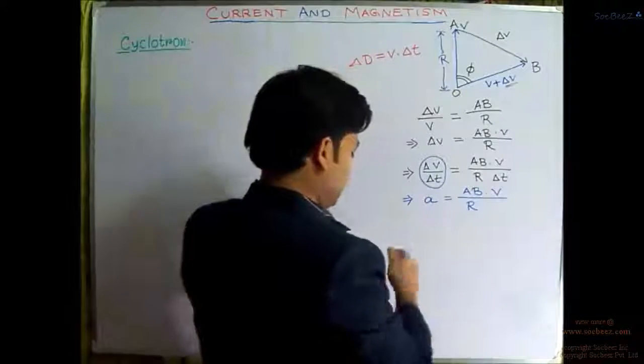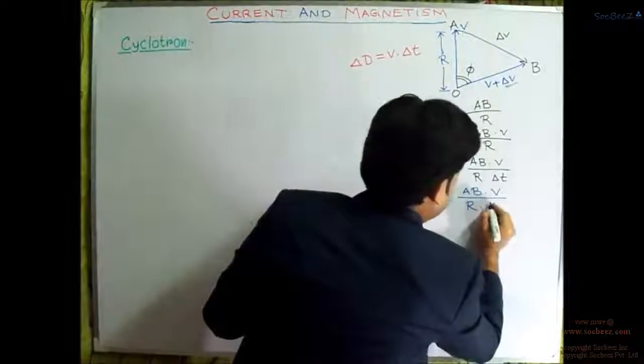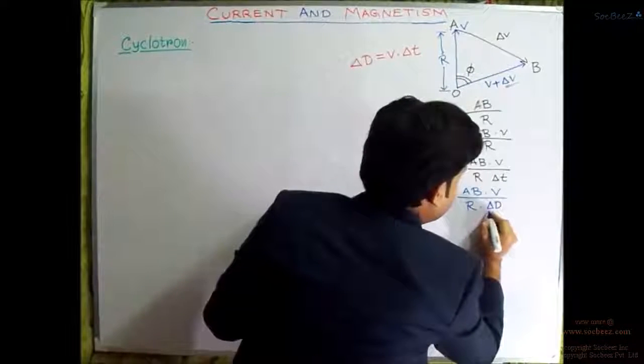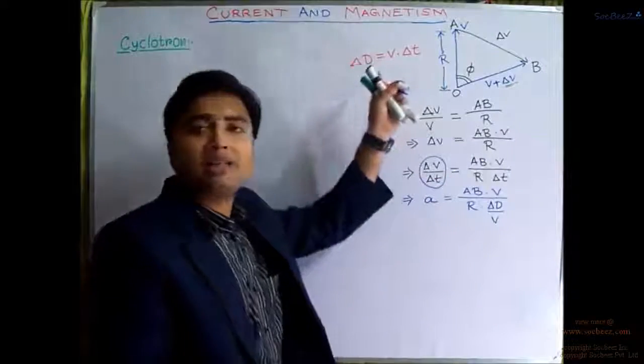So it will be del D divided by V. This del T is replaced by this equation.